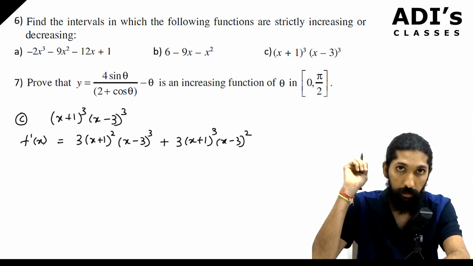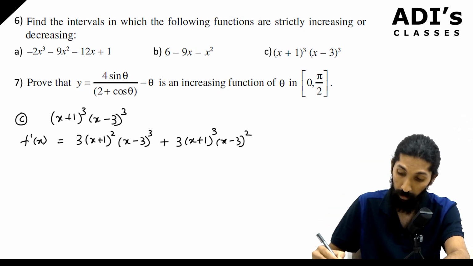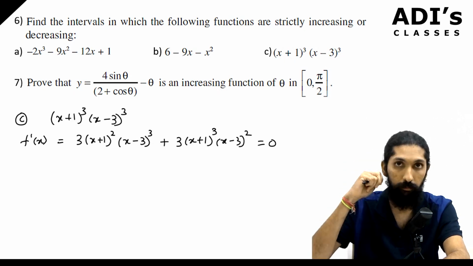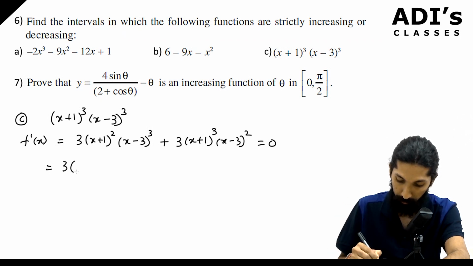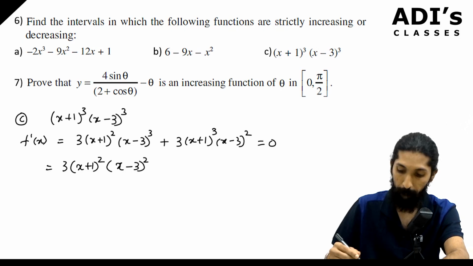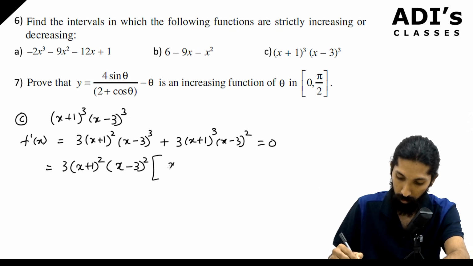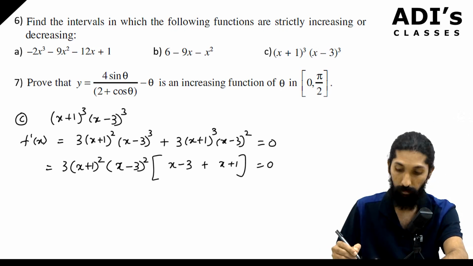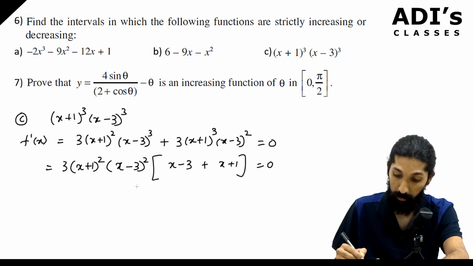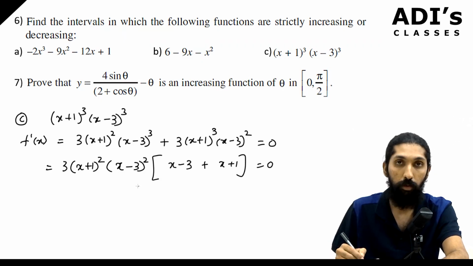When you equate this to 0, you take common 3 into x plus 1 whole square into x minus 3 whole square. This is common, into x minus 3 plus x plus 1 is equal to 0. So what you can do, you can divide this.